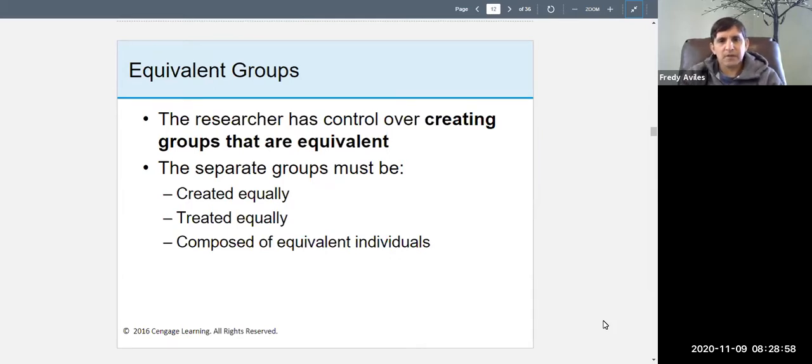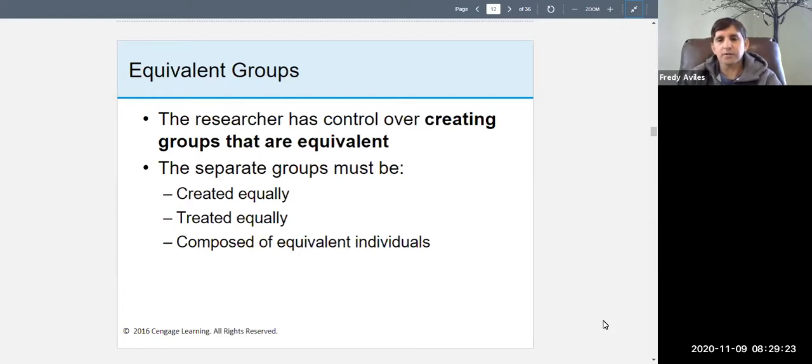Equivalent groups. So the researcher has control over creating groups that are equivalent. You want groups that are equivalent, okay? You want your control group, your treatment group, your placebo group. If you have all those groups, you want them to be equivalent. Equivalent in the sense of the participants, okay? The groups must be created equally. They must be treated equally and composed of equivalent individuals.